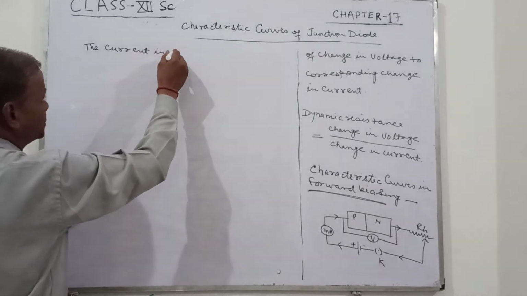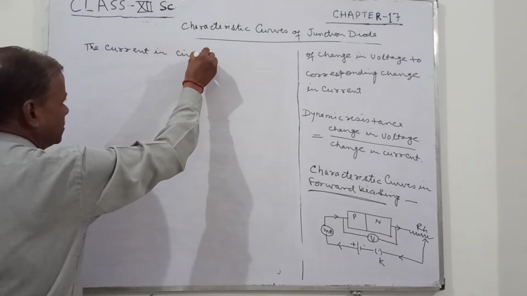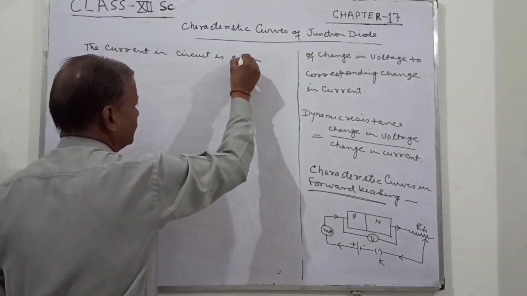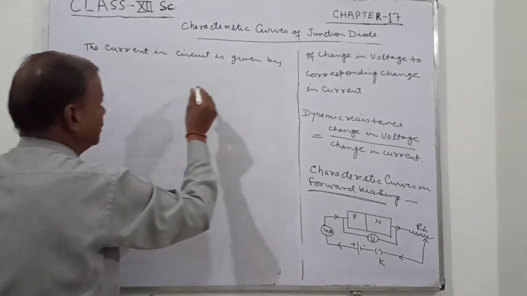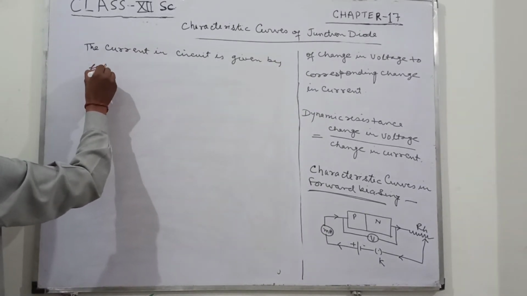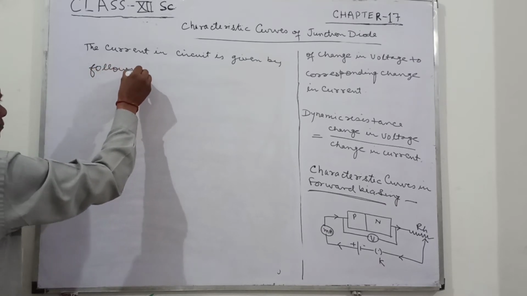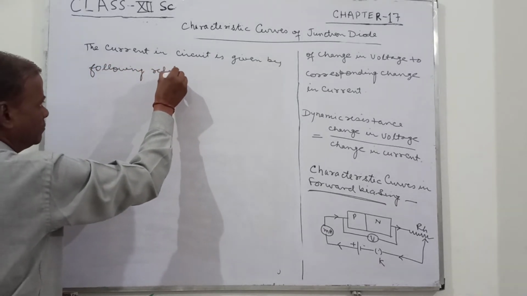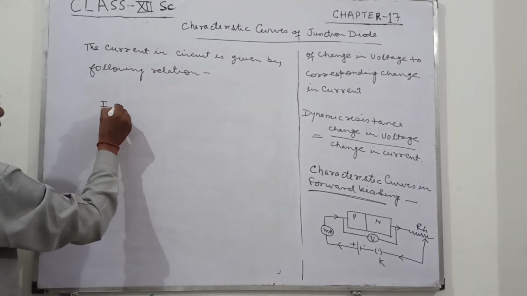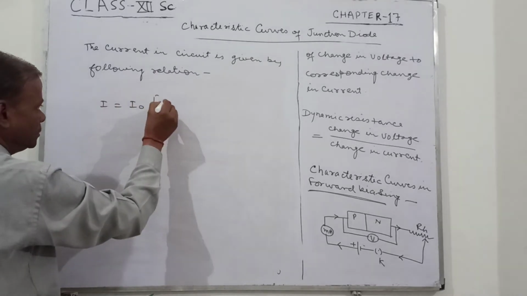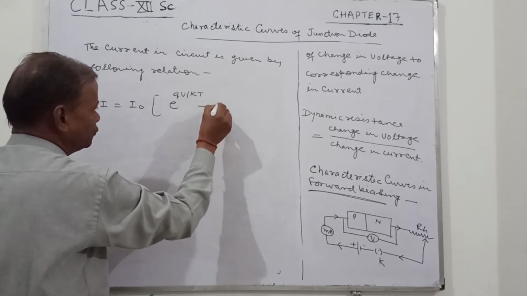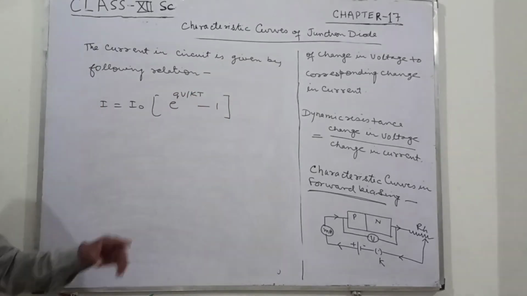The current in the circuit is given by the following relation: I equals I naught e raised to power qV upon kT minus 1. This is the required equation.